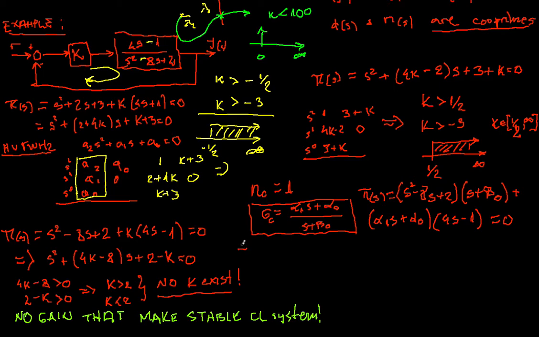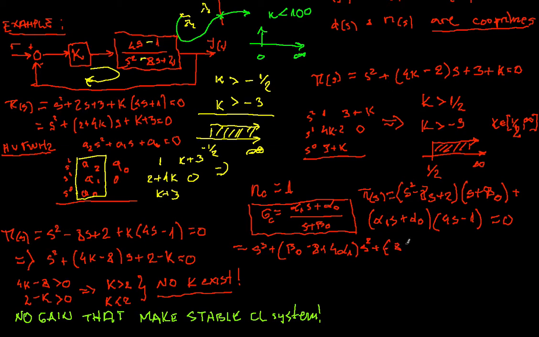And if we group the terms in the characteristic polynomial, we will have s cubed plus beta 0 minus 8 plus 4 alpha 1 times s squared. You can easily multiply all of this and find out that terms will be grouped in these structures.